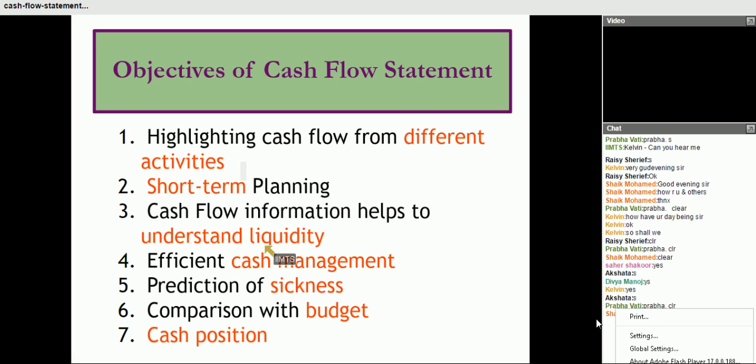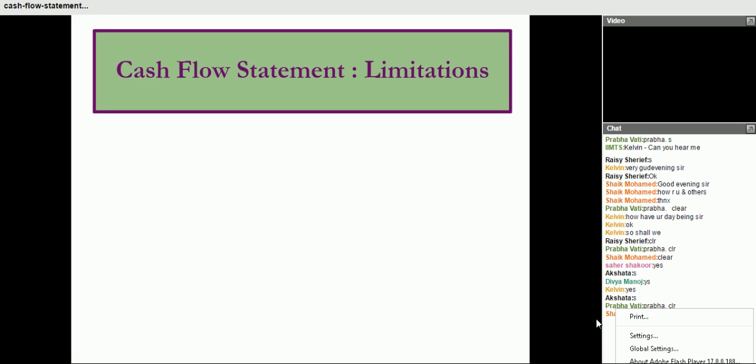With the help of this cash flow statement, we can understand how much money the organization has. Liquidity means money available in cash. Efficient cash management, so it makes the management of the money very easy. Prediction of sickness, comparison with budget, cash position. What is the exact position of money available with the organization?